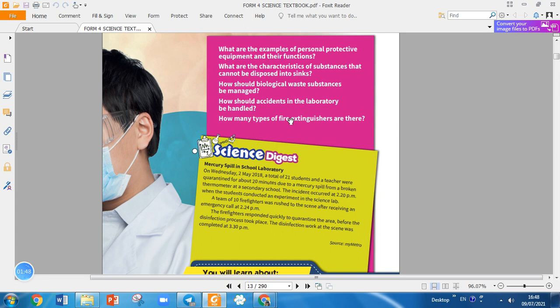How many types of fire extinguishers are there? So at the end of this chapter, we are going to know a few examples of protective equipment, the characteristics of substances that cannot be disposed into the sink, what biological waste is, the common accidents that will occur in a lab, and how many types of fire extinguisher there are.